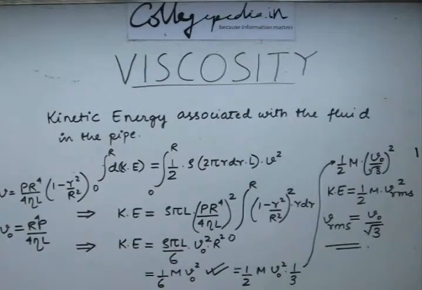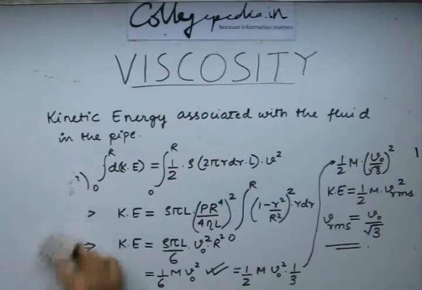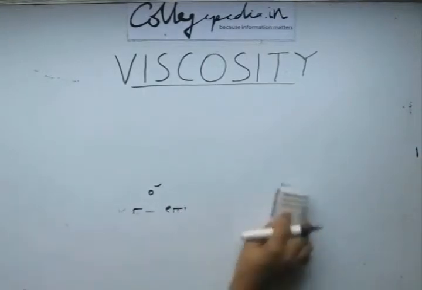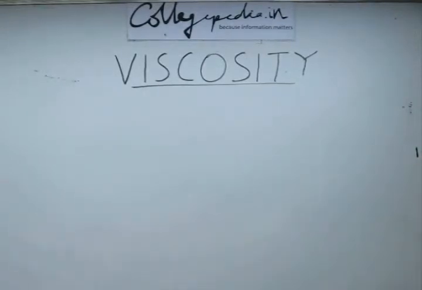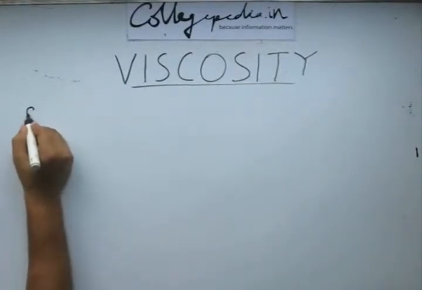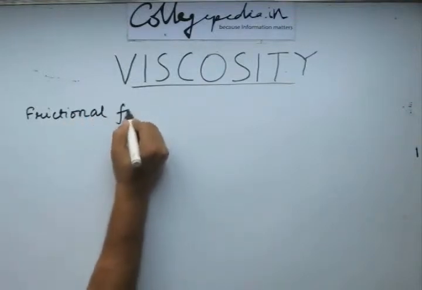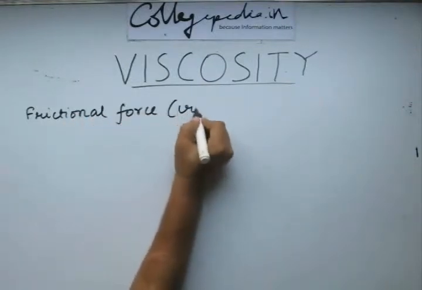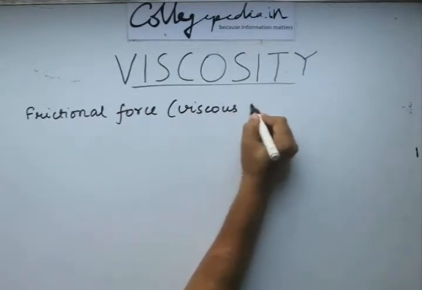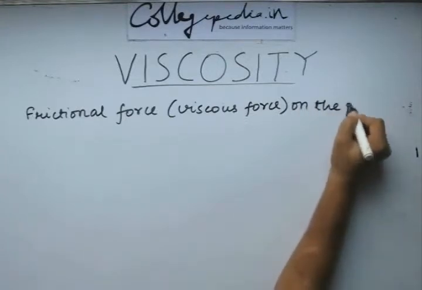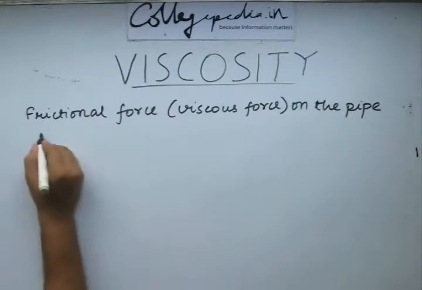Now if we consider the frictional force on the pipe by the fluid, we will be getting another quantity that is also very important in our analysis. So now we will find the frictional force, or the viscous force, on the pipe by the fluid.